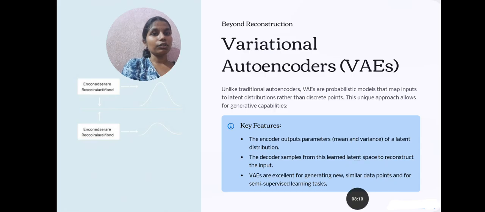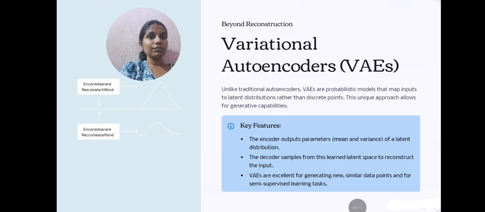Variational autoencoders, also known as VAEs. Unlike traditional autoencoders, VAEs are probabilistic models that map inputs to latent distributions rather than discrete points. This unique approach allows generative capabilities. A key feature of variational autoencoders is that the encoder outputs parameters, which are the mean and variance of a latent distribution.